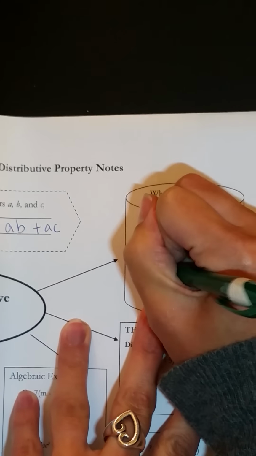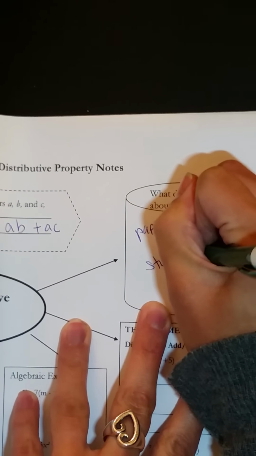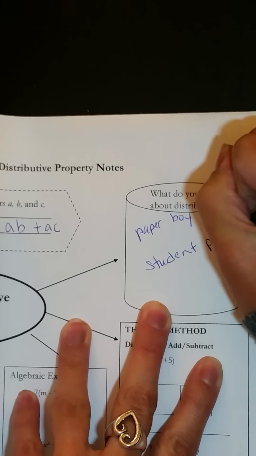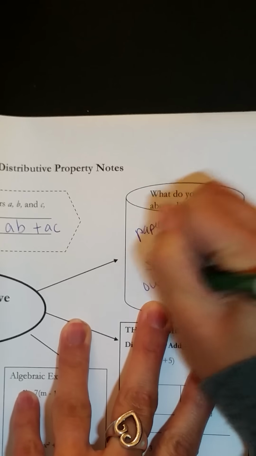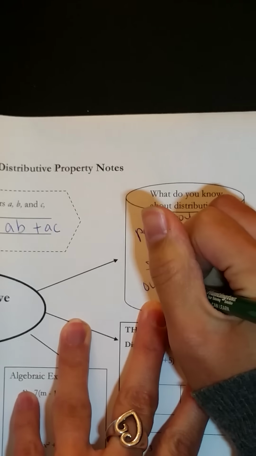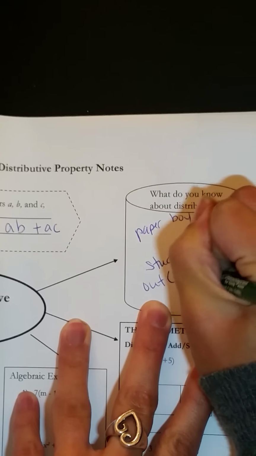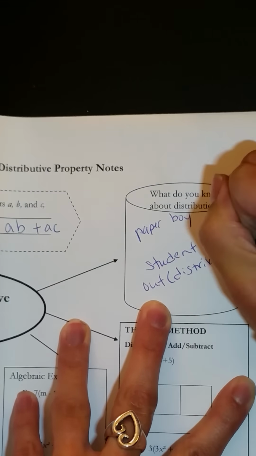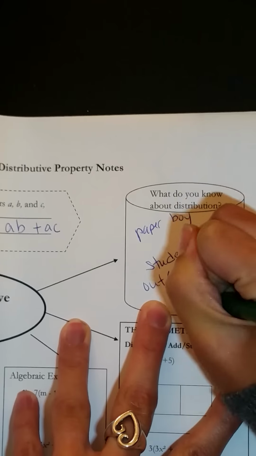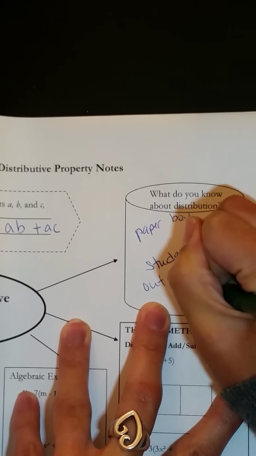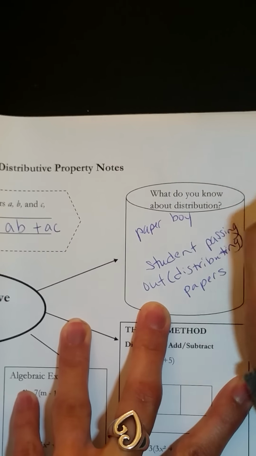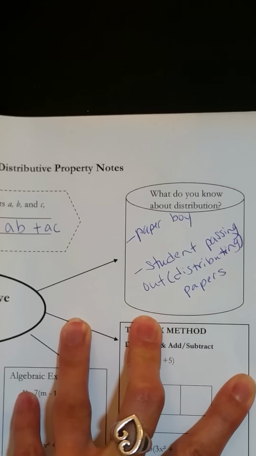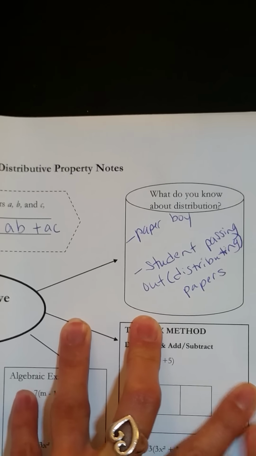So a student passing out, and the passing out would be the distributing papers. So we got paper boy, and then we got a student passing out, which is distributing papers.